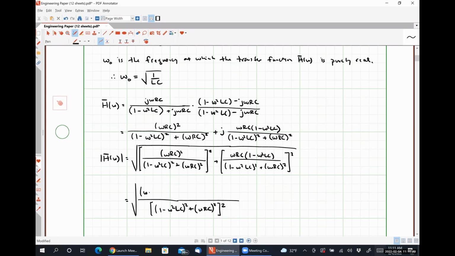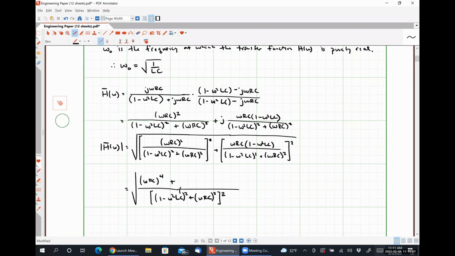So we're going to have omega RC to the 4th power plus omega RC squared times 1 minus omega squared LC quantity squared. And we can factor out a common factor of omega RC squared from this.